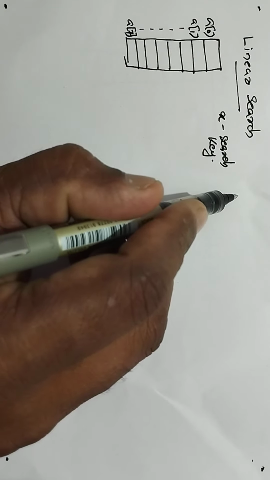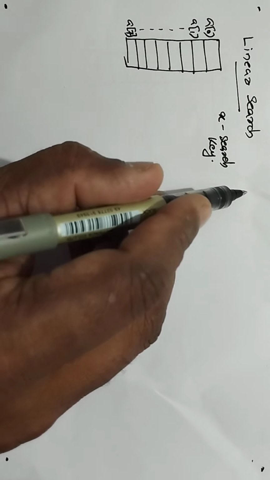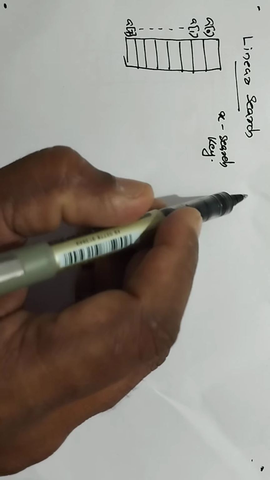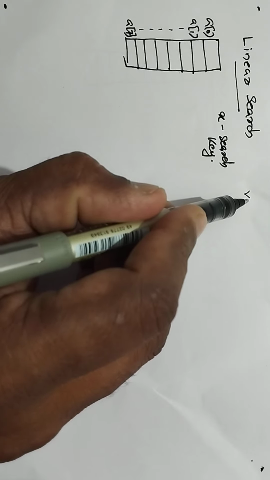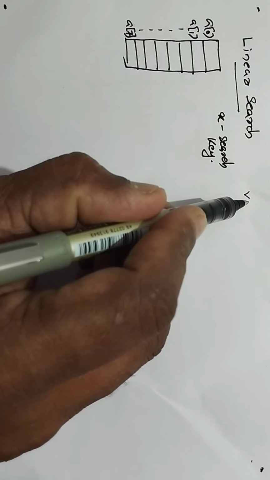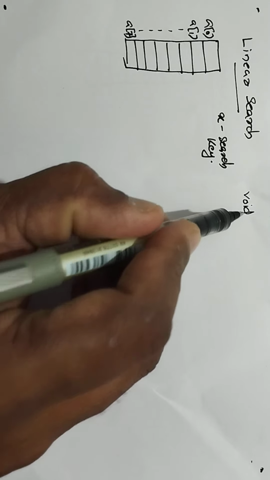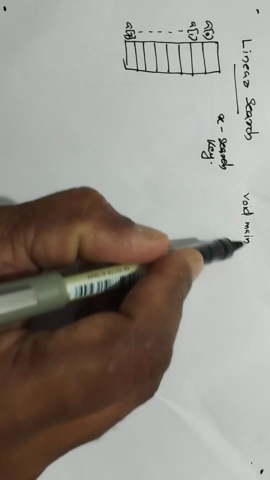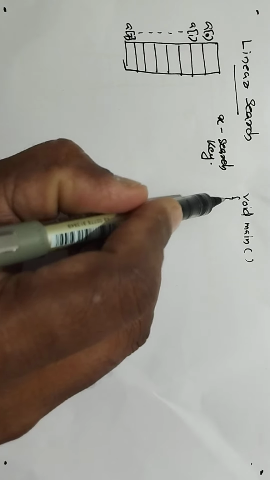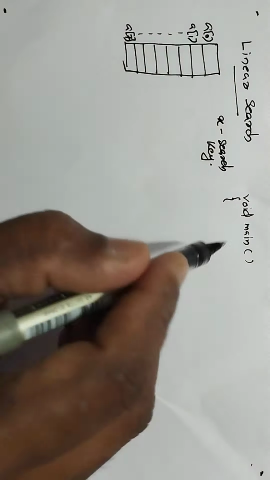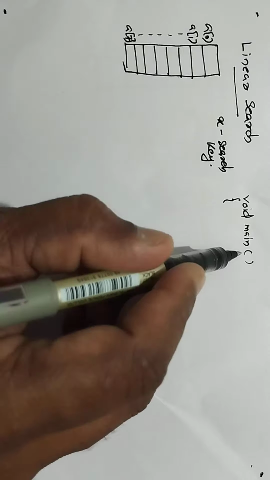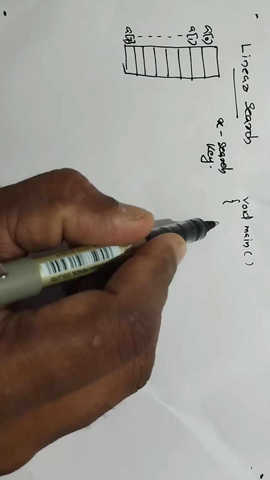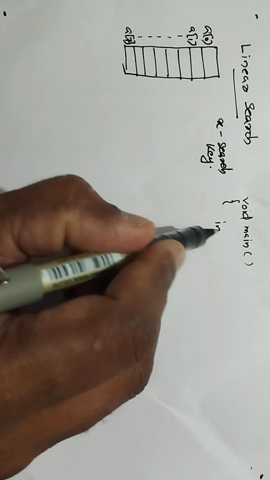We are now going to write a program for implementing this linear search. I am writing a C program. For that, you may all know that we should have a main function. So we'll start like this, void main, and inside this we need to declare the elements.